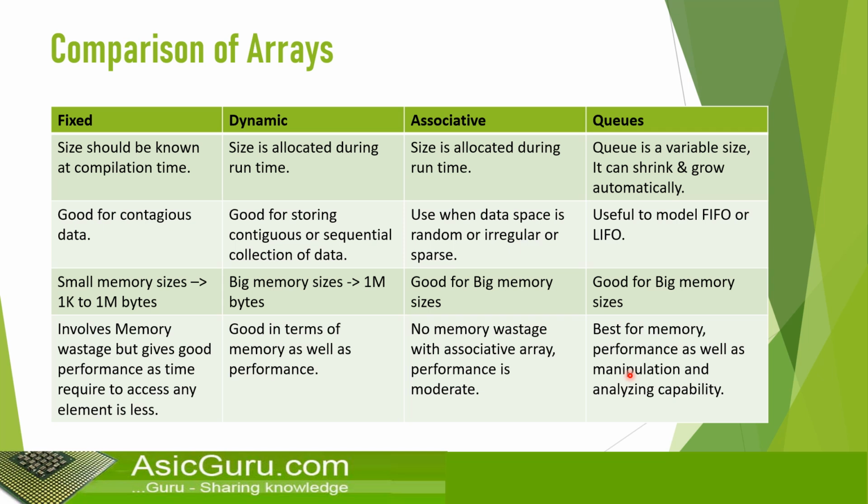So queues provide the best combination of memory efficiency, access speed, and ease of use. So queues are the best choice. But depending on your use case, whether it is predictable storage or flexible data access, each type of array has its own strengths and drawbacks.